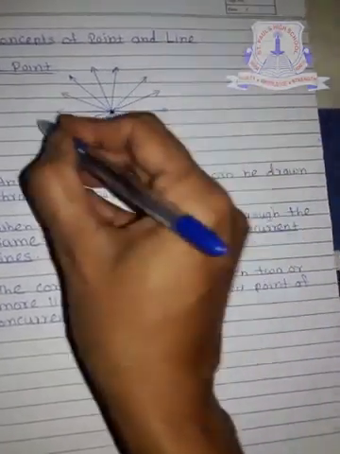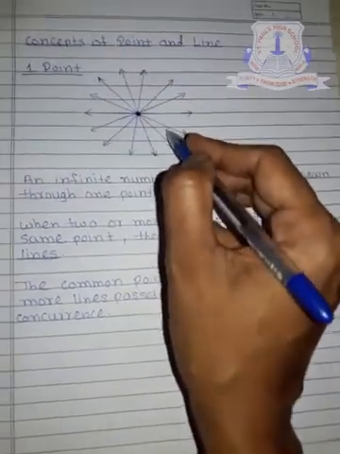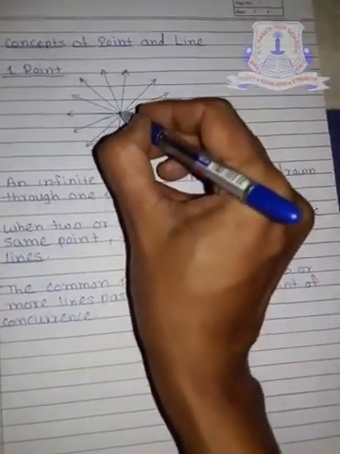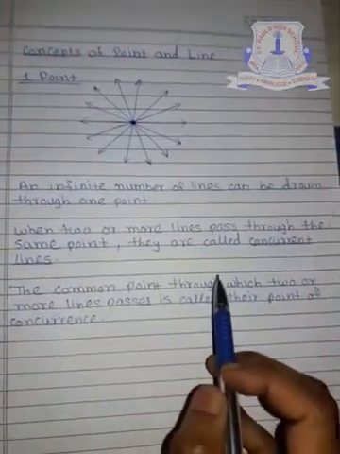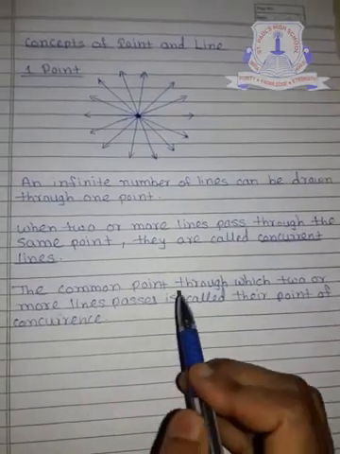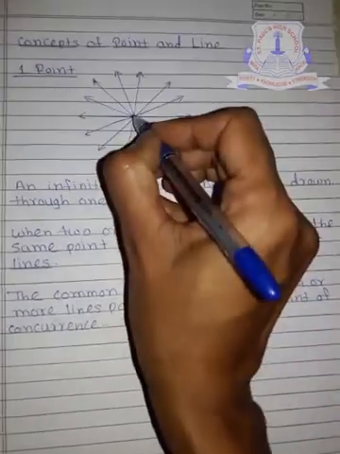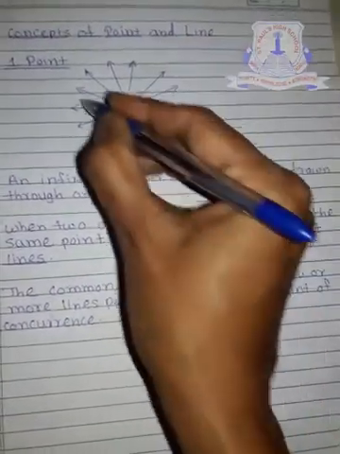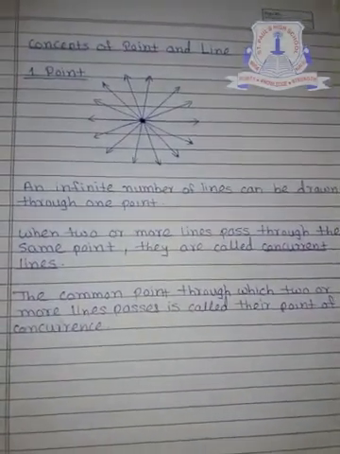The common point through which 2 or more lines pass is called their point of concurrence.